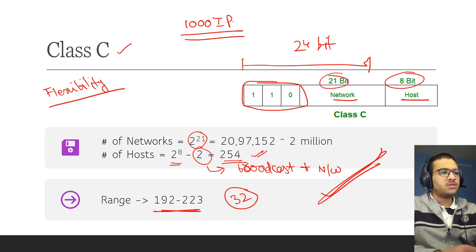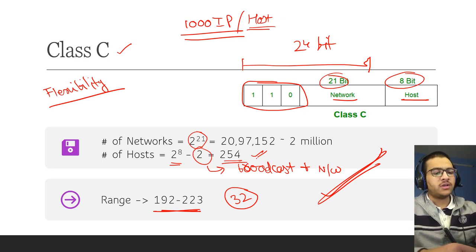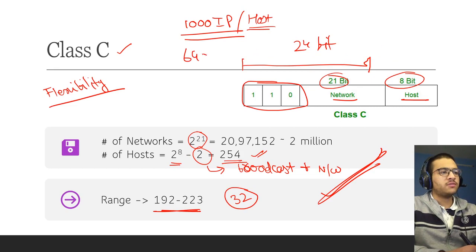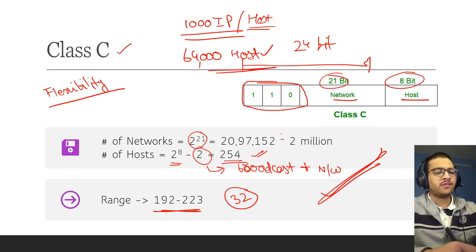It wants addresses for 1000 hosts, so that's too few. And if we provide class B, the rest of the approximately 64,000 addresses will go to waste. So this is not quite flexible.